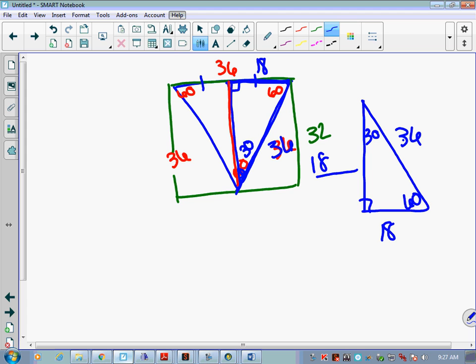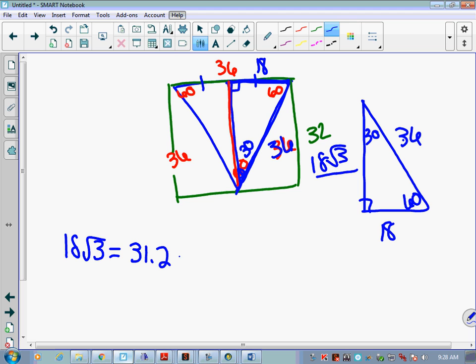18 radical 3. Okay? Is there any way of plugging that into a calculator and finding out what 18 radical 3 is in inches? Okay, can I do that? What is 18 radical 3? 31.17.